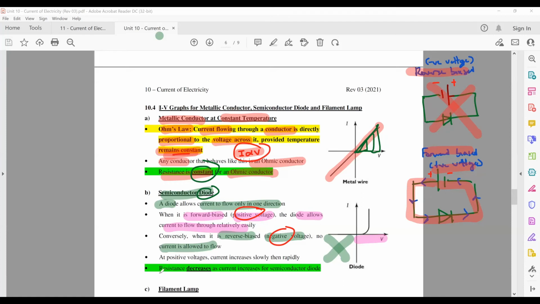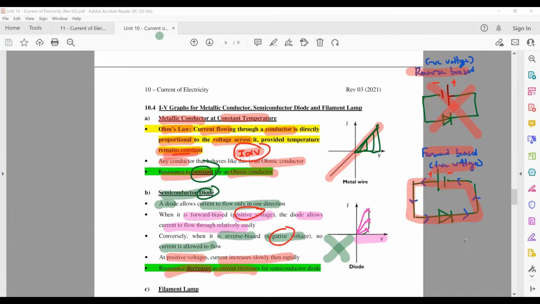Okay. Now, at the positive voltages, when it's forward bias, you notice that current increases slowly and then rapidly. So this tells you that resistance decreases as current increases. Now, if you look at gradient from the origin, you can see this very easily. This point, the gradient from origin is this. This point, gradient origin is like this. This point, gradient from origin is like this.